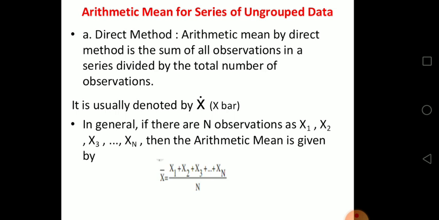That is the formula representative of the arithmetic mean of ungrouped data.